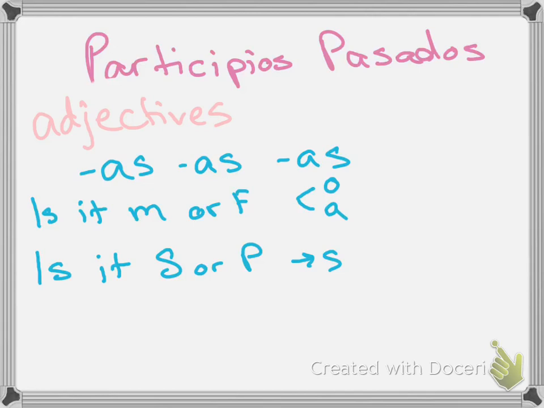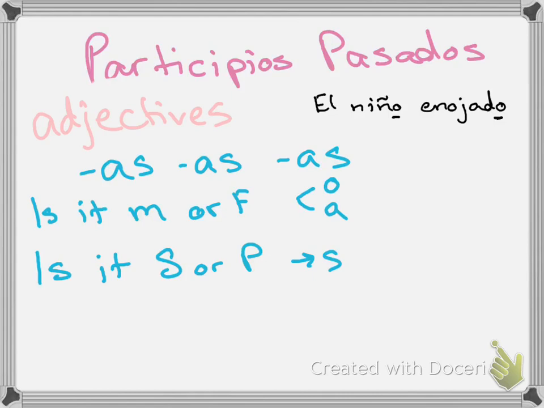All right, so for example, if I have el niño enojado, okay, I'm going to ask myself, is it feminine or masculine? Well, it's niño, so it's going to say enojado.